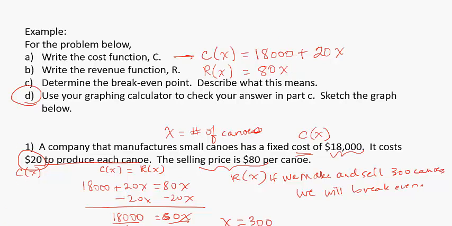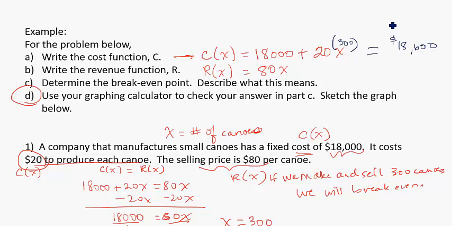And that break even point, if I go back in here and substitute in 300 here, that's going to give me $18,600. And hopefully if I substitute it in here, oops, sorry, that should be a 300.